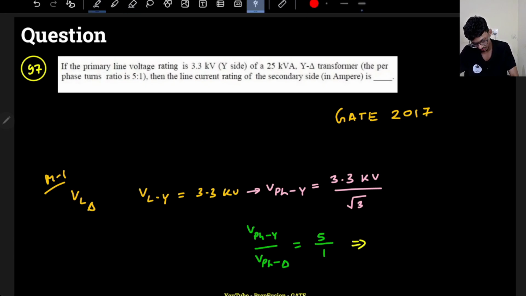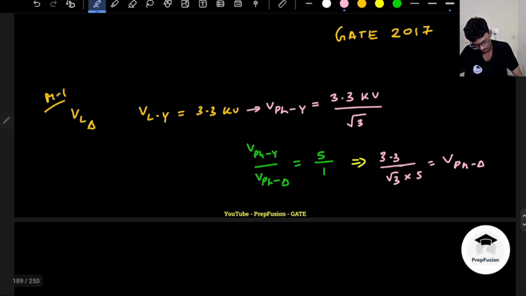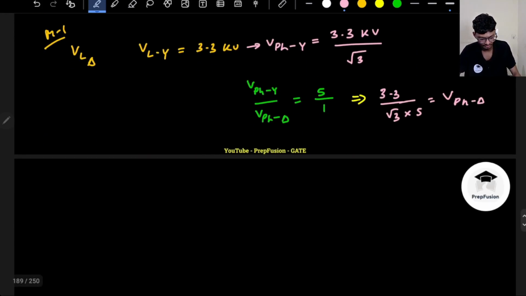So this will be 3.3 divided by root 3, divided by 5, which will be the V phase of the delta side. So from here I can directly find out the V phase of the delta side. It will be 3.3 divided by root 3 divided by 5.